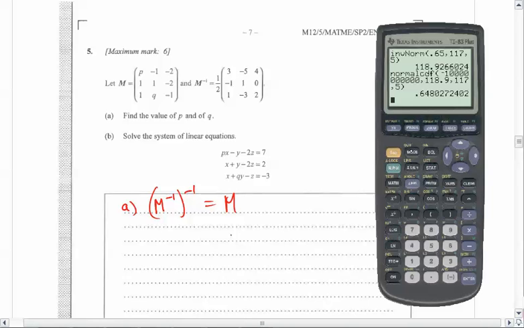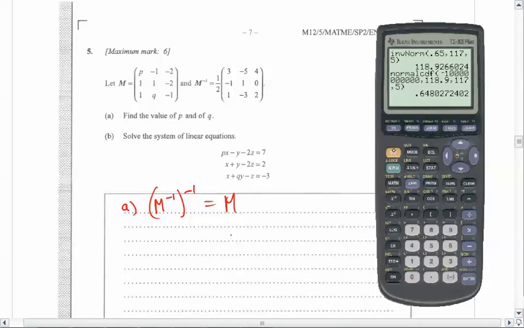So all we need to do is now go back to our matrices. Let's edit that first one again. And I'm going to put in 3, -5, 4, -1, 1, 0, 1, -3, 2. Now I'm going to go to my catalog, and I want to, oh, no, I don't even need my catalog.